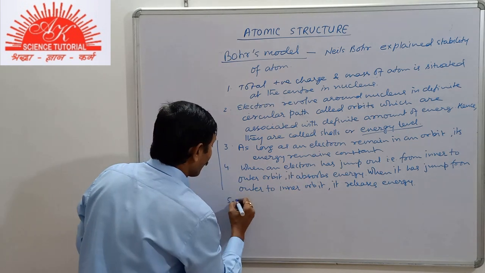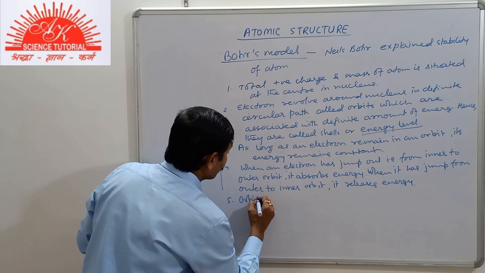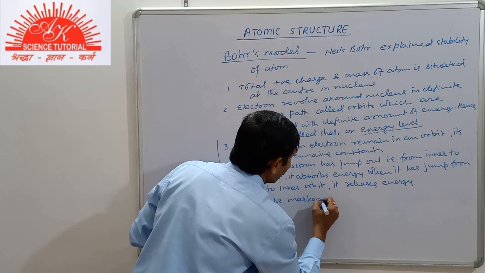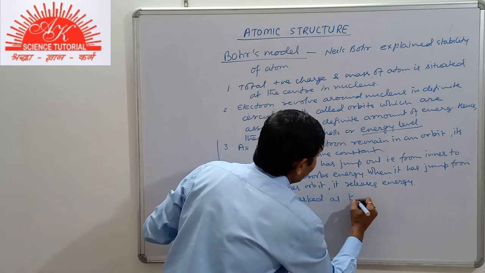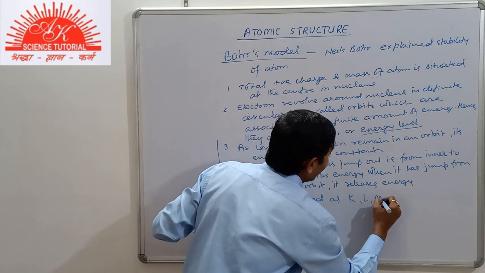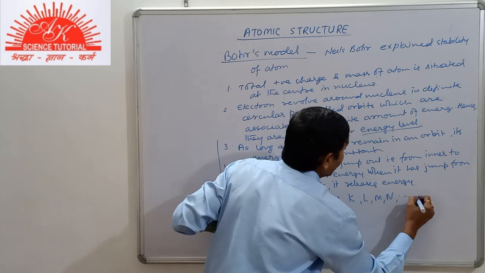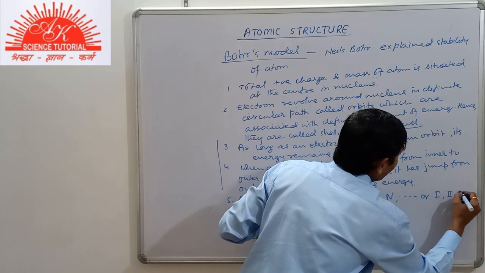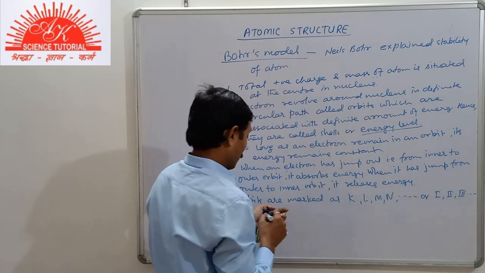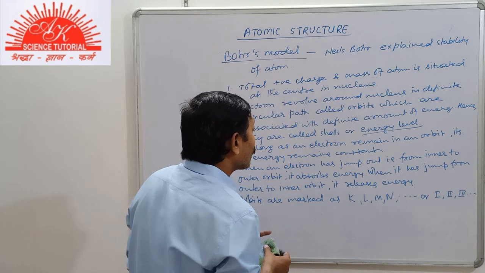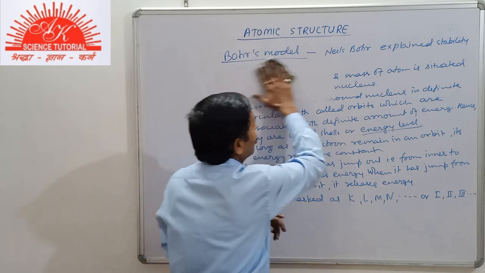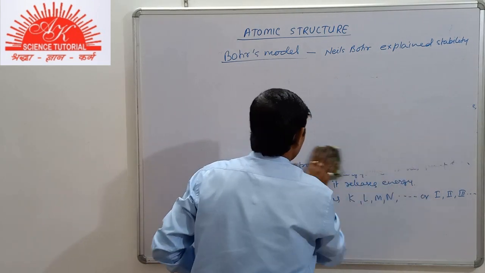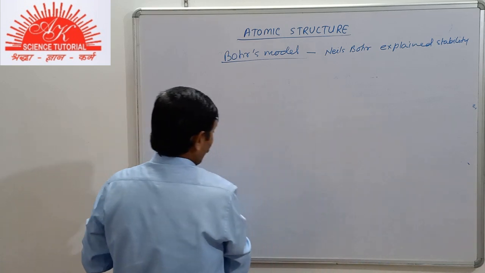And lastly, orbits are marked as K, L, M, N and so on, or 1, 2, 3 and so on, starting from the one closer to the nucleus. So this was Bohr's model of the atom.